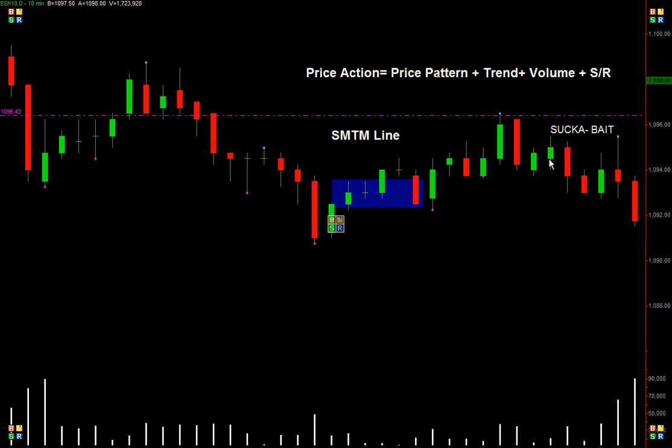So the best way to make profits is that traders have to be caught on the wrong side of the market. If they're not caught on the wrong side of the market, if everybody sees the trade, then the likelihood is the trade is not going to go in that direction, because everybody's expecting it. So in order for trades to really get significant meaning, somebody has to get trapped.